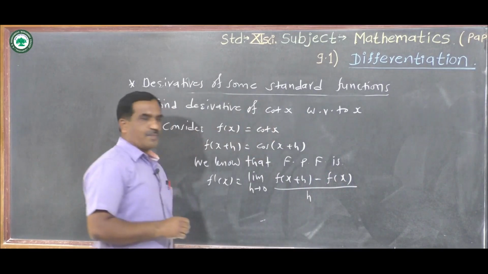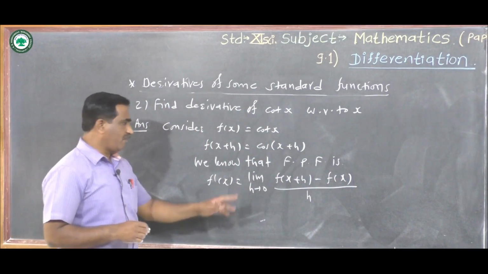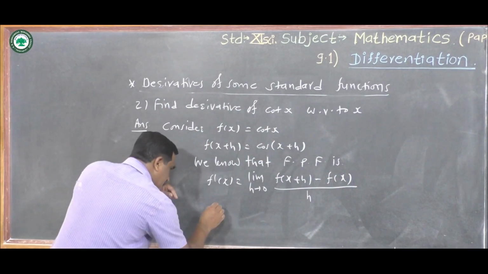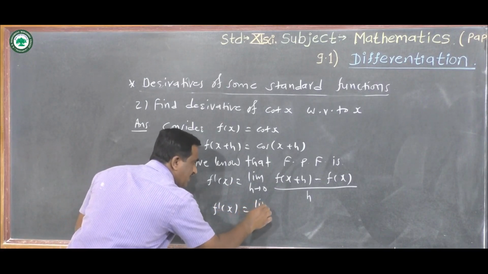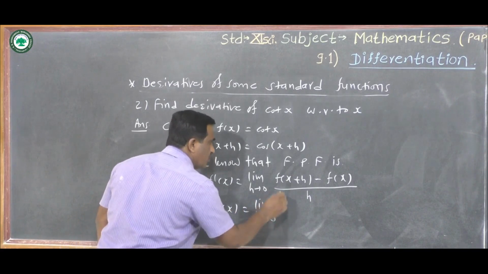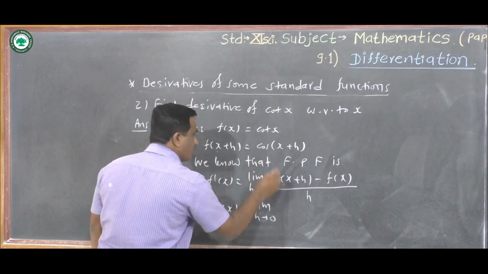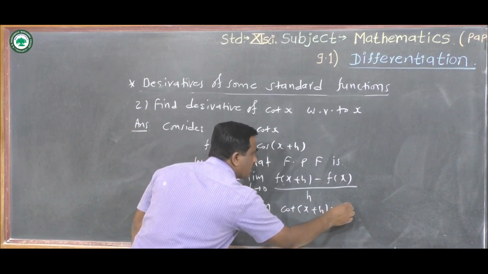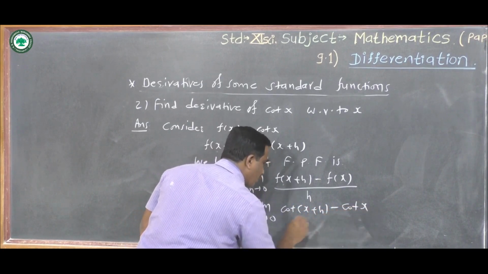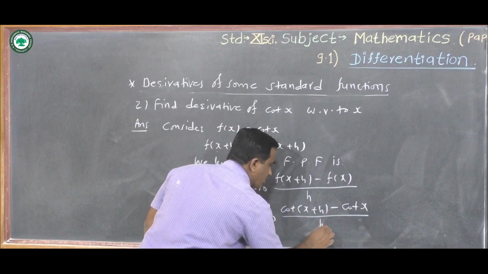Again put values of f of x plus h and f of x, therefore we can write here f dash of x is equal to limit h tends to 0 f of x plus h means cot of x plus h minus f of x means cot x upon h.